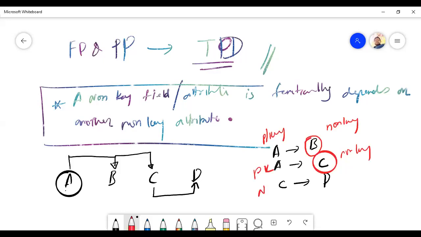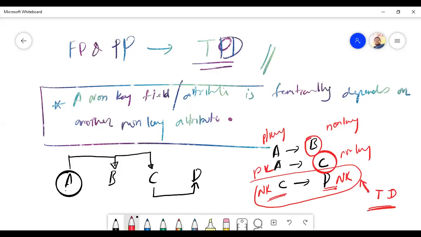C is a non-key. D is a non-key. Now you can see a non-key attribute D depending on another non-key attribute C. This is what we are calling transitive dependency. Try to understand, right? You can see the B is a non-key, but depending on the PK, so it is like this.